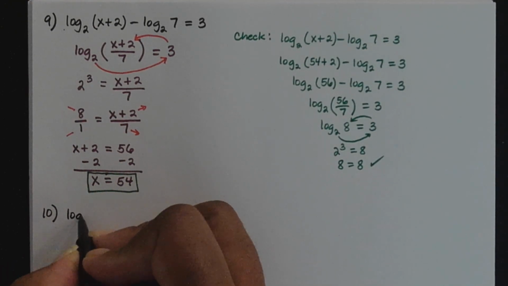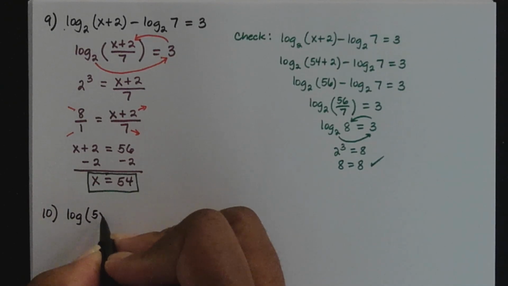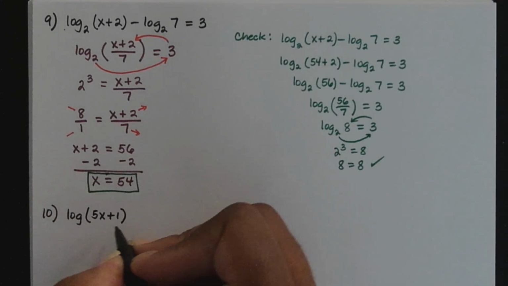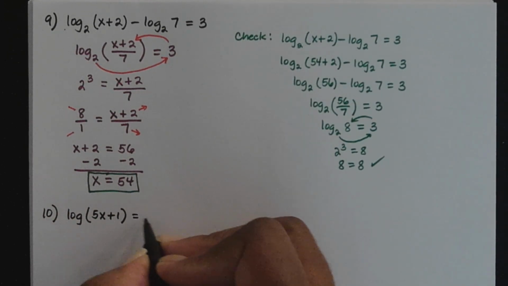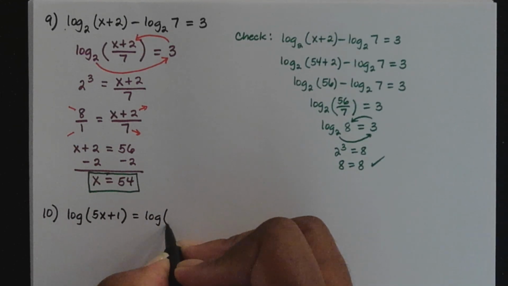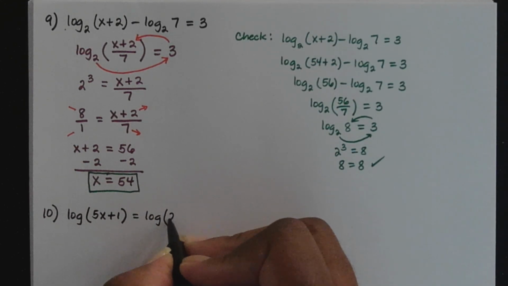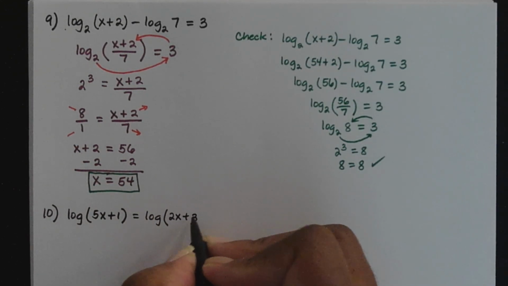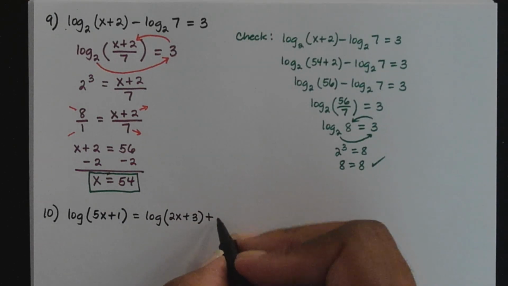Now, problem number 10, we got the log of 5x plus 1 equals the log of the quantity 2x plus 3 plus log of 2.